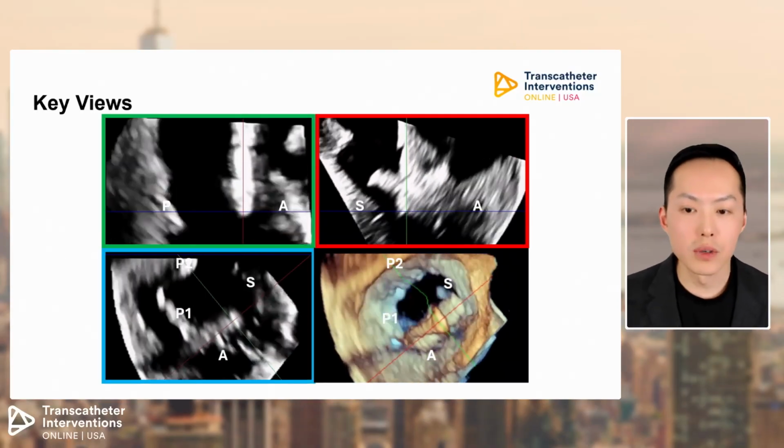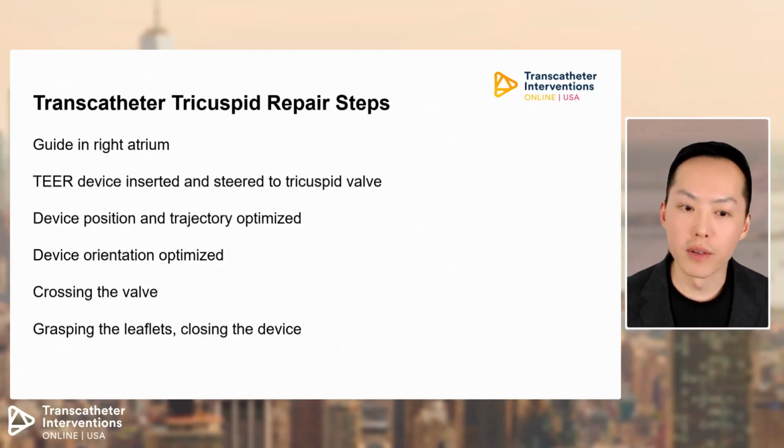So in terms of procedural steps, we'll advance onward. Just like you probably have heard on the mitral side, there are some very key steps in tricuspid repair that follow the same flow, whether you're doing multiple devices or a single device. Essentially you set yourself up first in the right atrium, then your device gets inserted and steered down to the tricuspid valve.